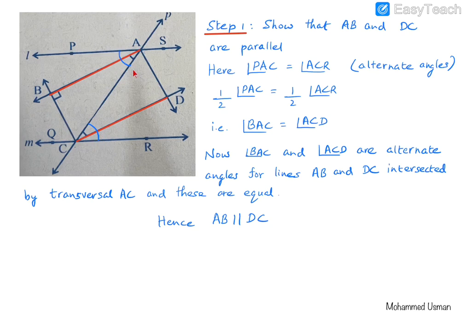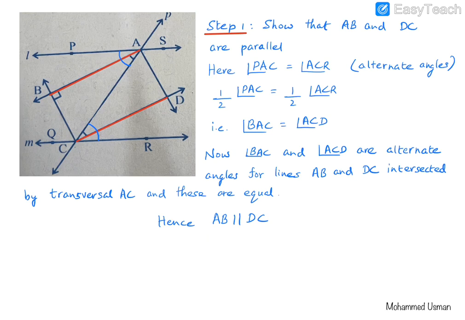For that, we first have this condition that angle PAC is equal to the angle ACR, which is this angle. Why is that? Because they are alternate angles. So if these are equal, then half of the angle PAC must be equal to half of the angle ACR.